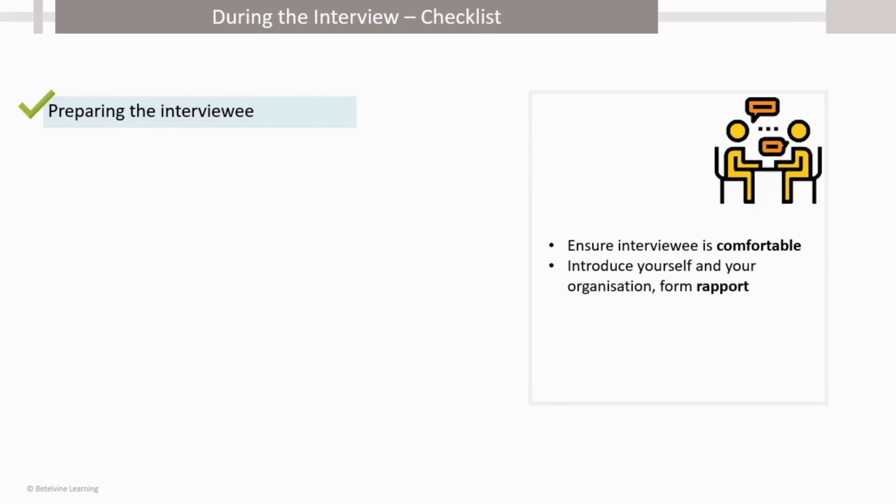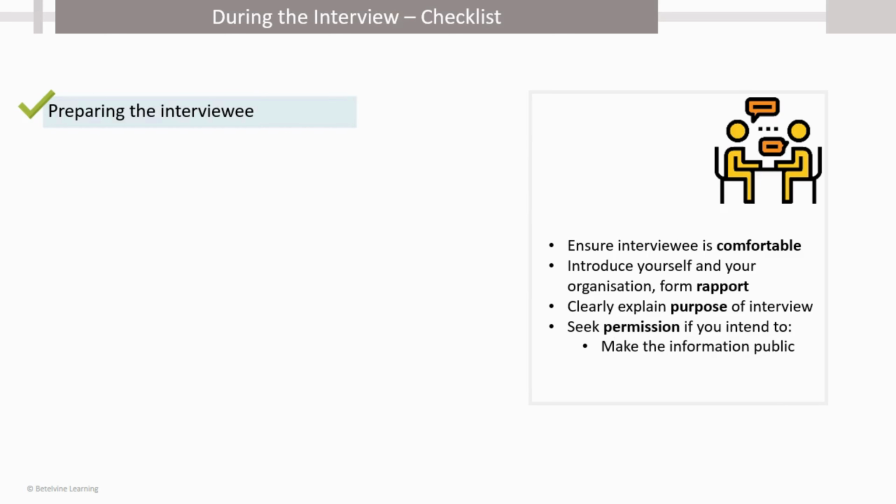Introduce yourself, including your organization, and if required, provide personal information about yourself to connect with the interviewee. Explain clearly the purpose of the interview and what you plan to do with the information. Seek permission if you plan to go public with the information and if you intend to disclose the name of the interviewee.